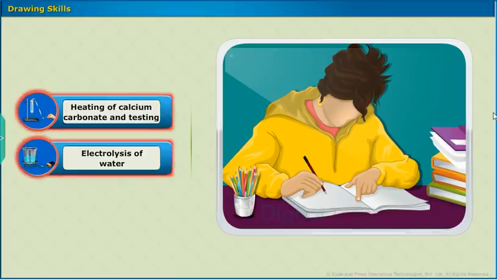Drawing skills. The drawing section helps you to sketch images in a step-by-step manner.